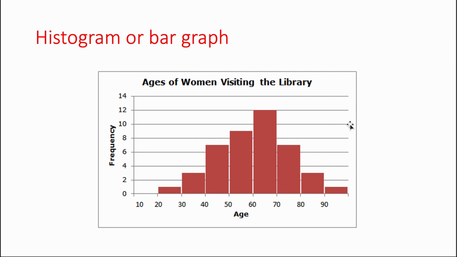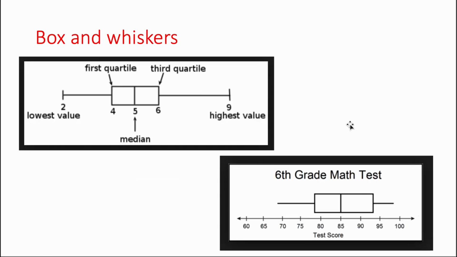Histogram or bar graph. I already saw this figure. We should know that a bar graph is also known as a histogram. These are really cool graphs that are used commonly in ecology. They're called box and whiskers. So there's a lot of information within a single datum in box and whisker plots.